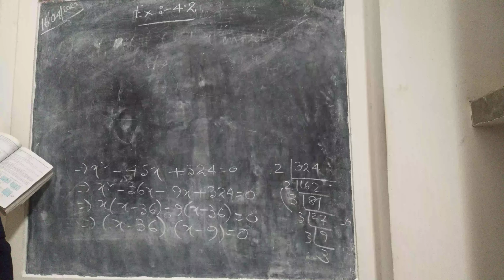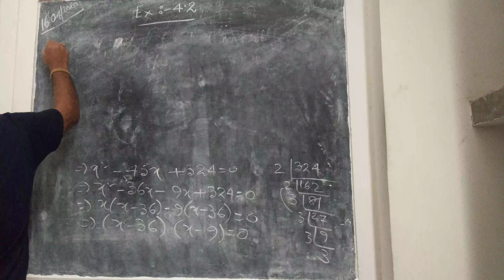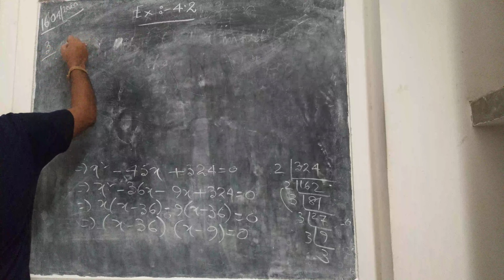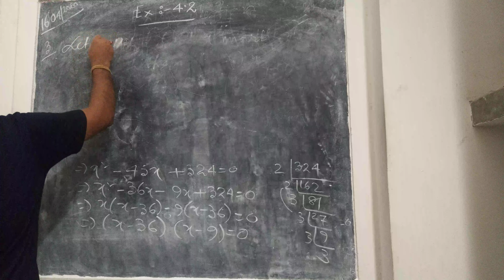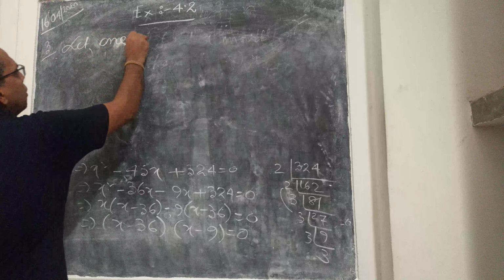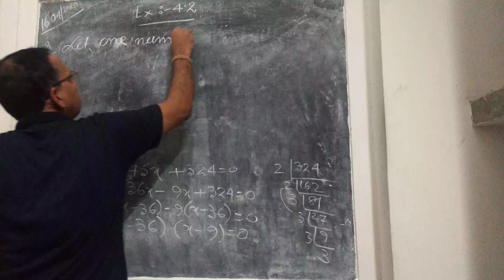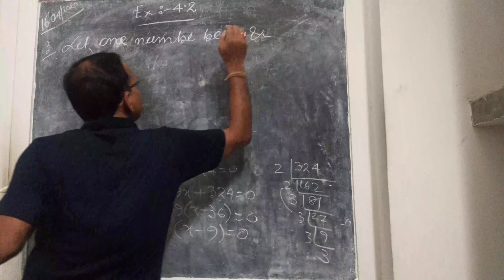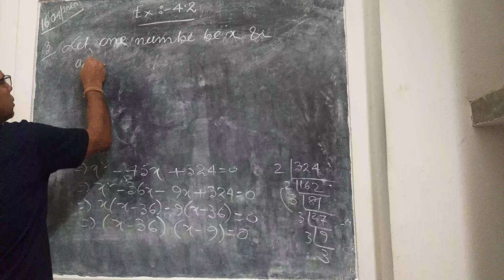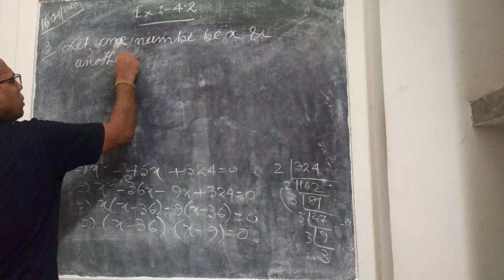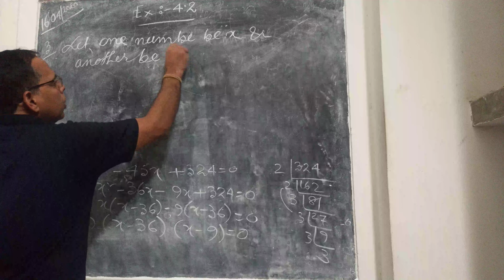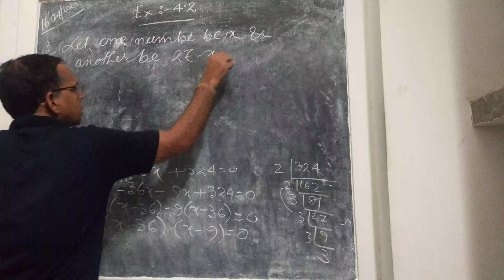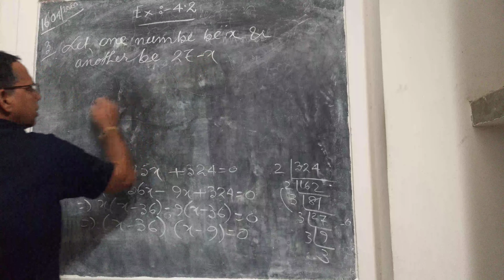So question number 3. Let one number be x and another be 27 minus x.